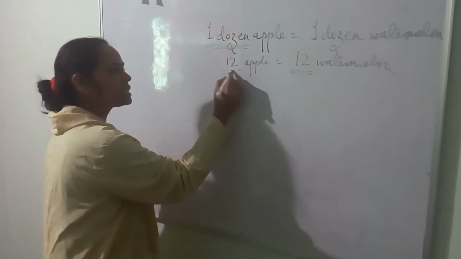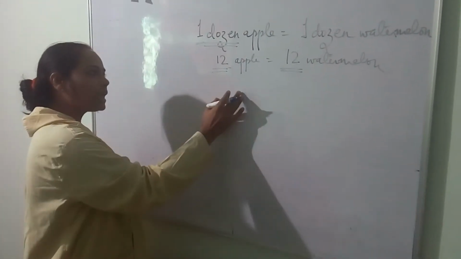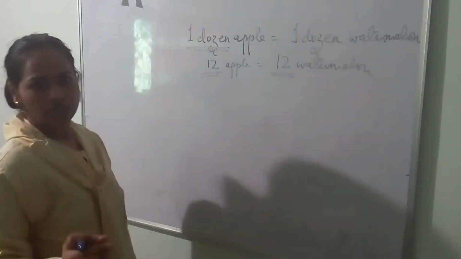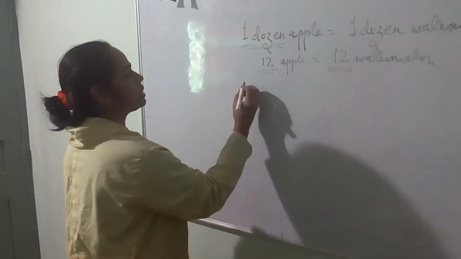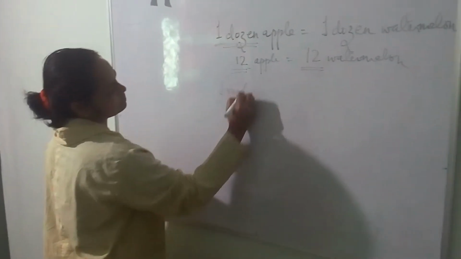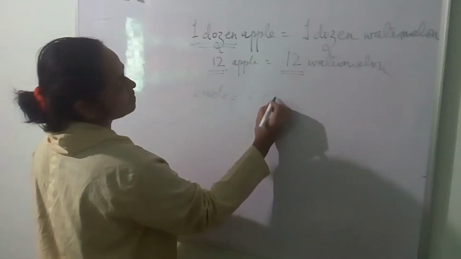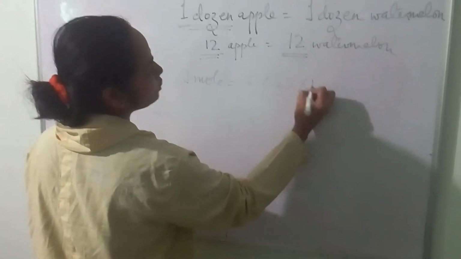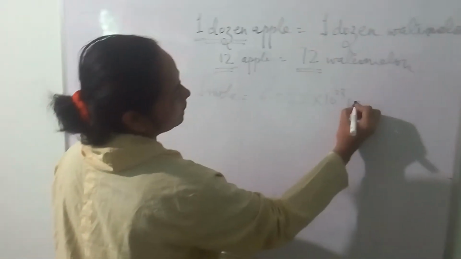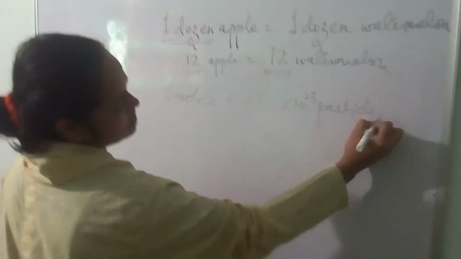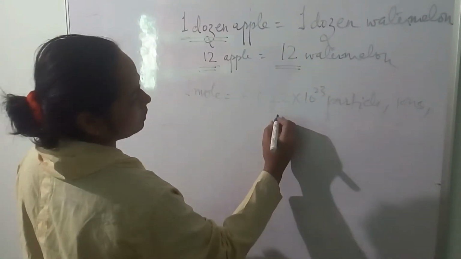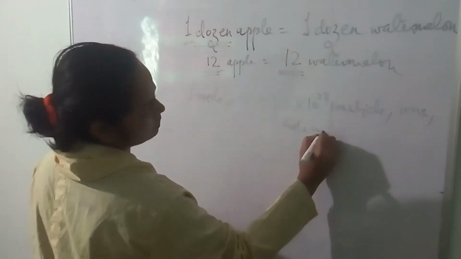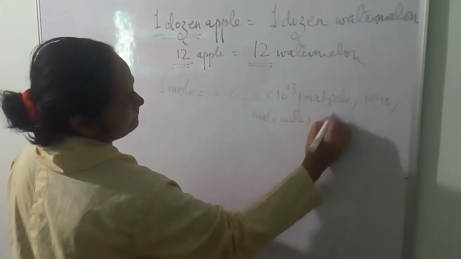1 dozen means 12. Similarly, like 1 dozen, 1 mole means 6.022 × 10^23 particles, ions, or molecules or atoms.